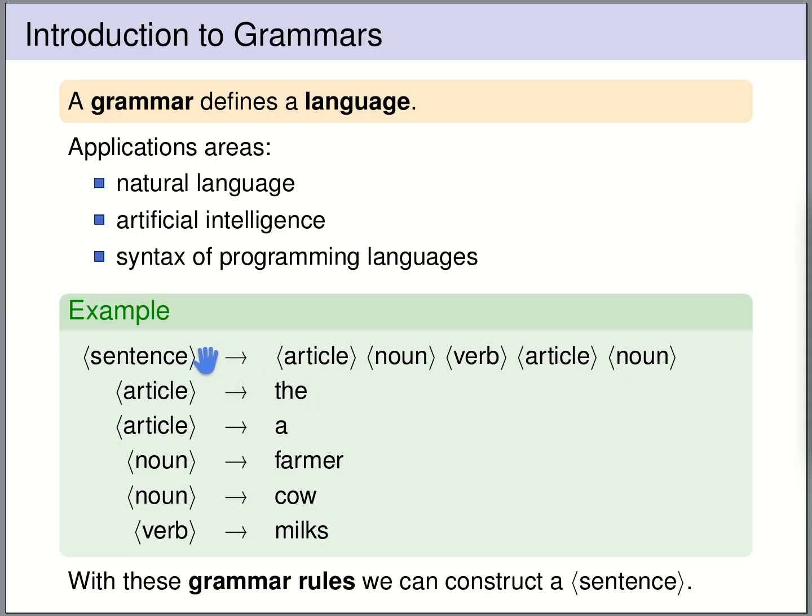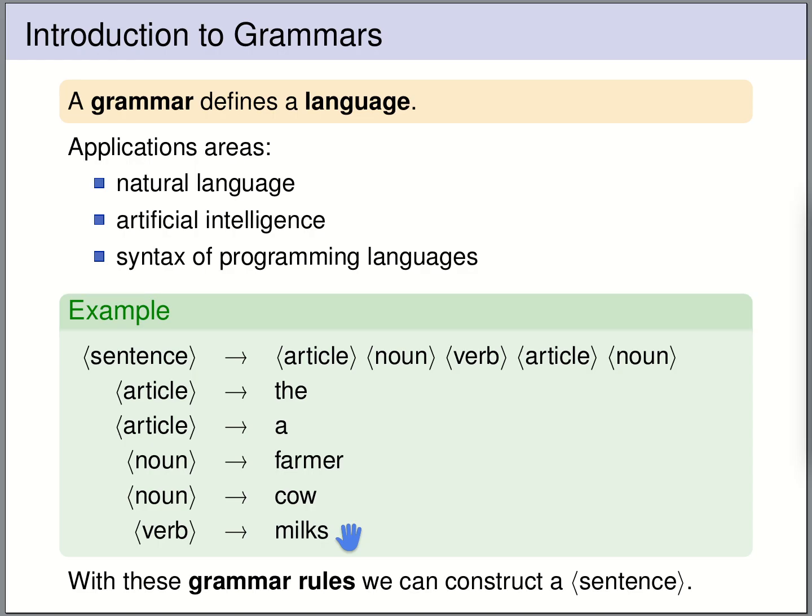We are allowed to replace the variable sentence by the word consisting of variables article, noun, verb, article, noun. We are allowed to replace article by the, or using another rule, we are allowed to replace article by a. We are allowed to replace noun by farmer, or using another rule, we can replace noun by cow. And we can replace verb by milks.